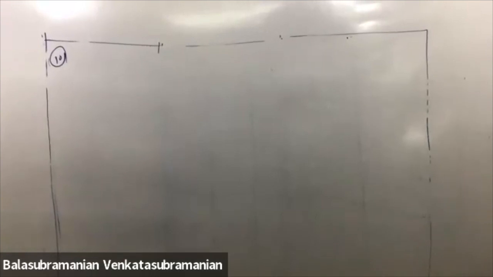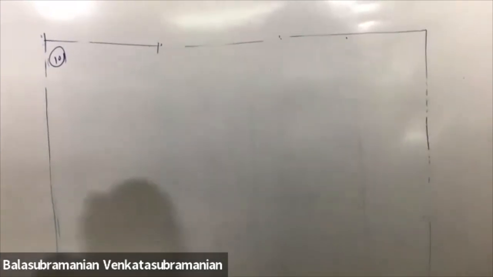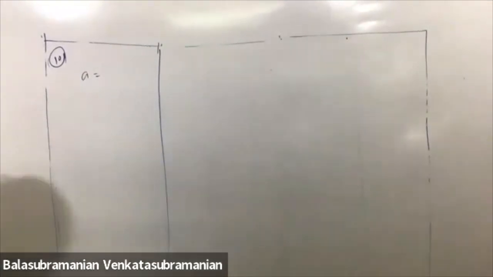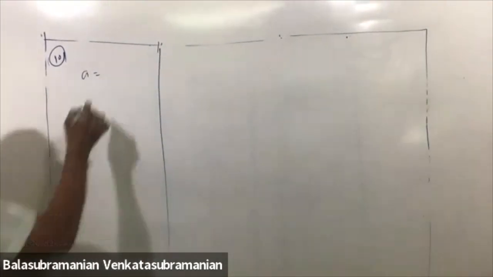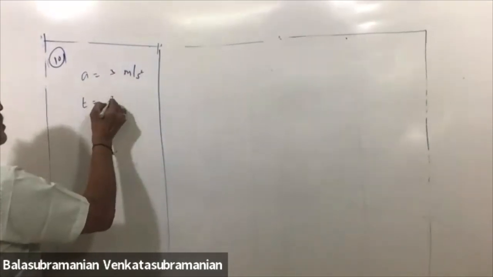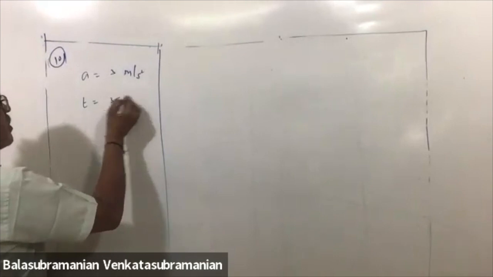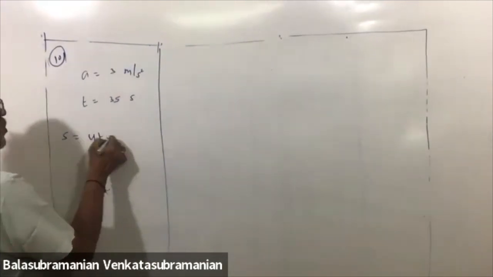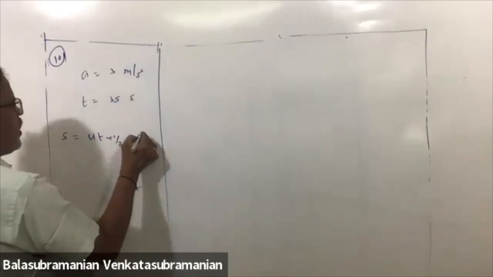Okay. Acceleration is 3 meters per second square, and time taken is 35 seconds. Distance is equal to ut plus half at square.